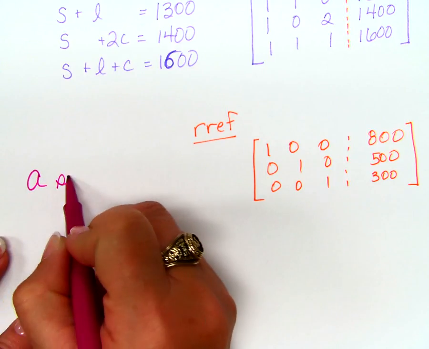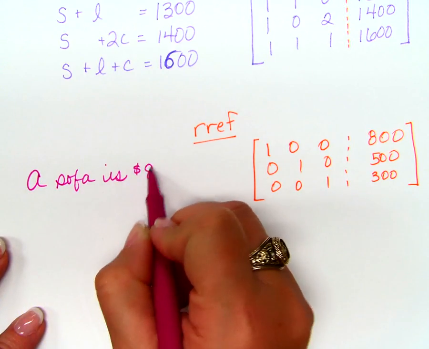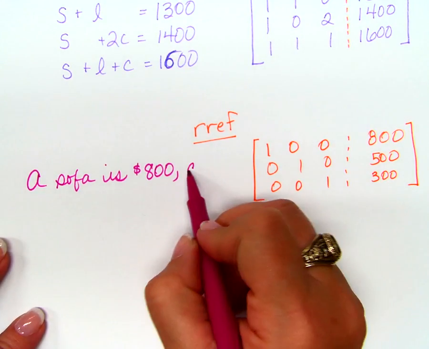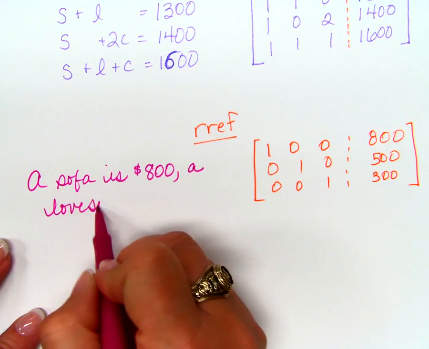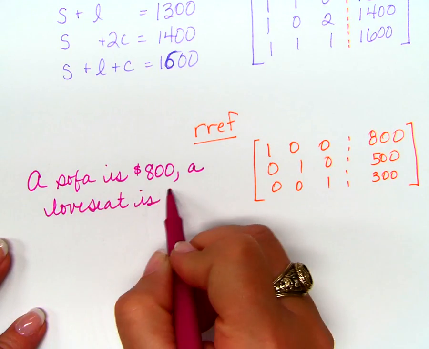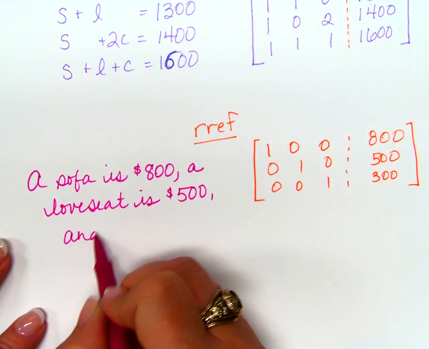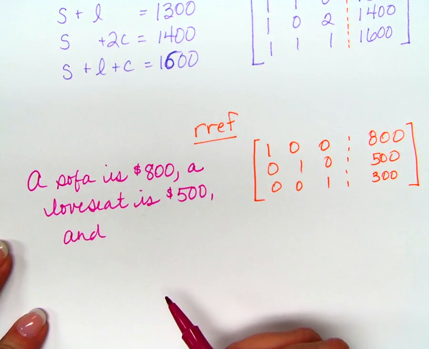A sofa is $800, comma, a love seat is $500, comma, and I guess that comma is disputable. I like to put it there, sorry.